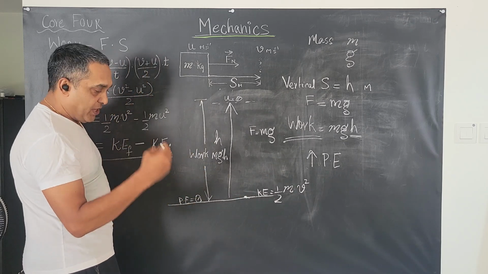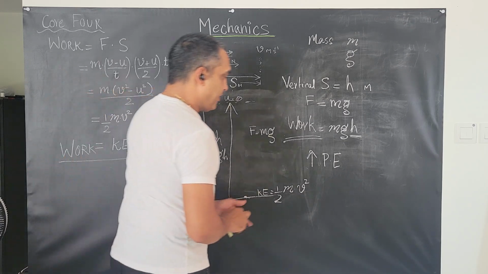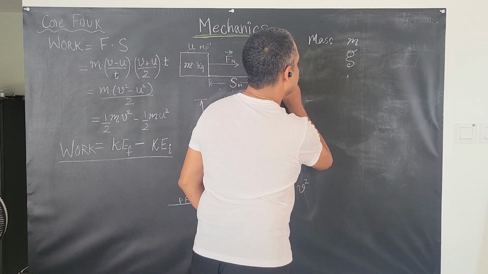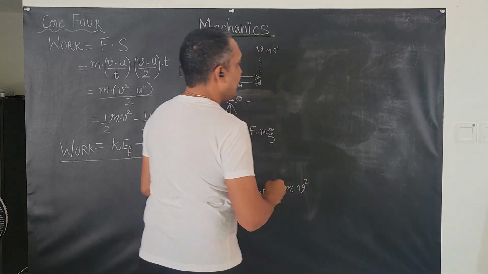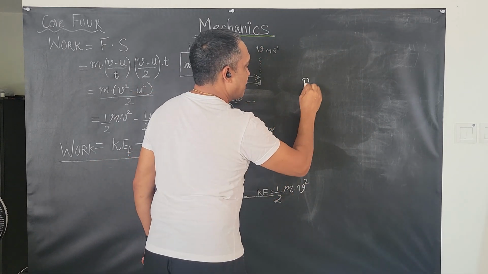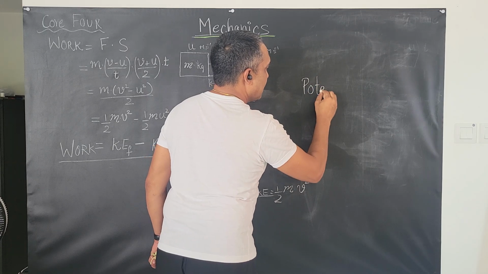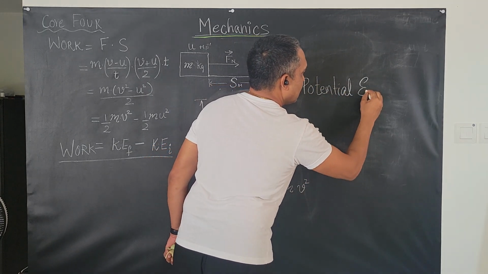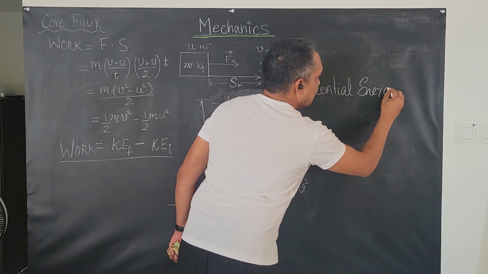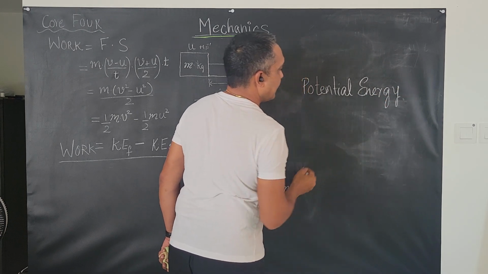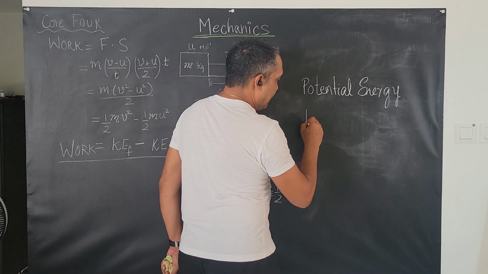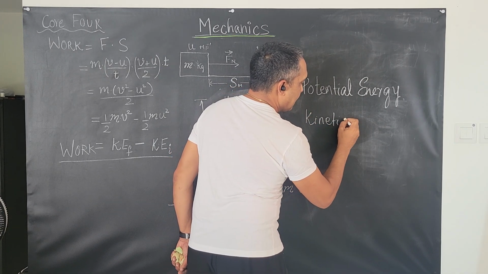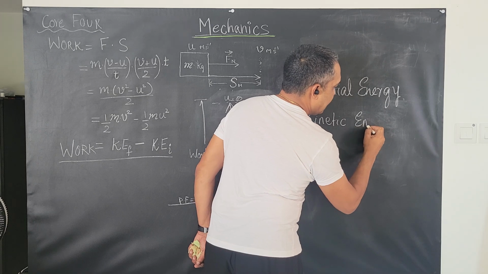So for every object, there is always potential energy, and when it's moving, it always has kinetic energy.